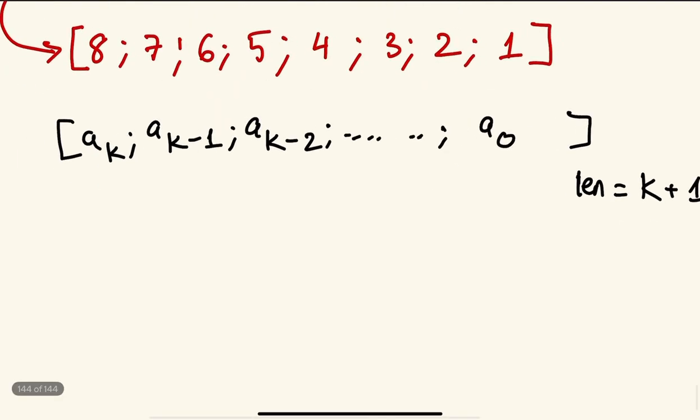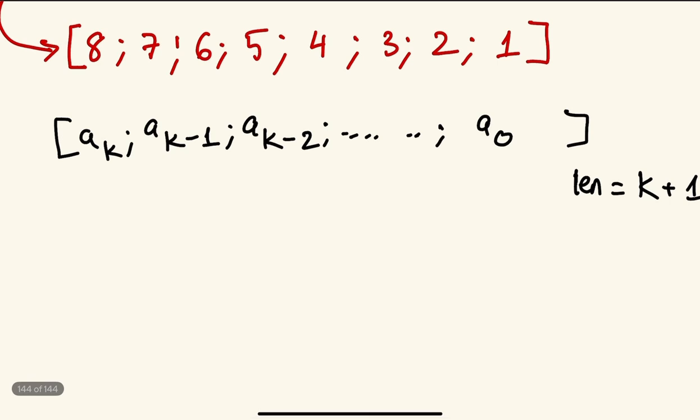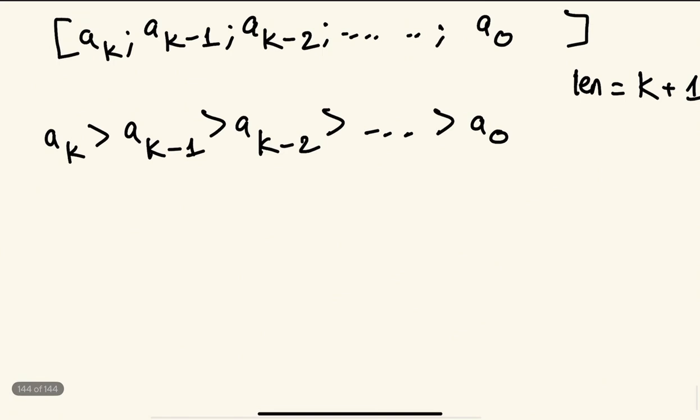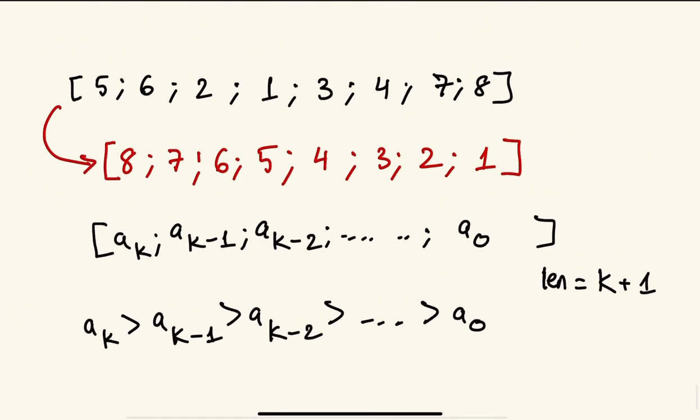We can also know that because this one is in sorted descending order, so we're gonna have ak bigger than ak minus 1, bigger than ak minus 2, bigger than blah blah, and then bigger than a0, obviously, right?